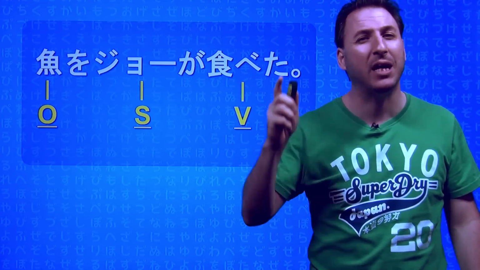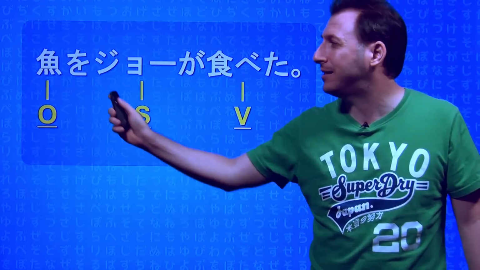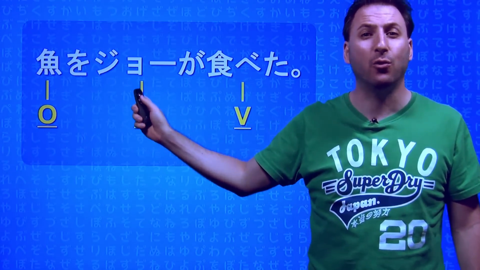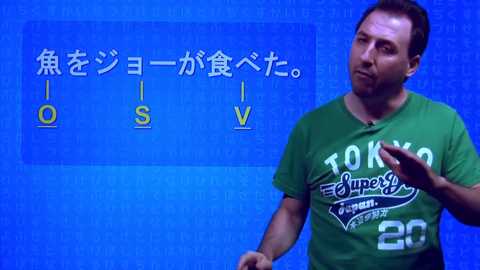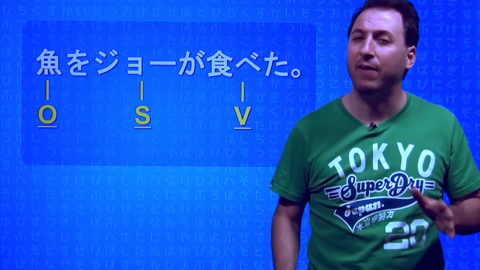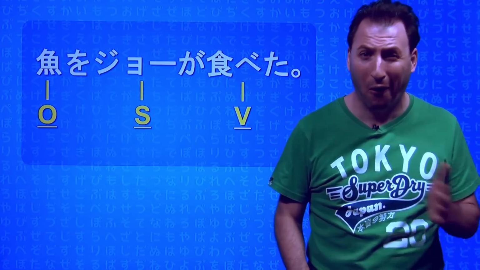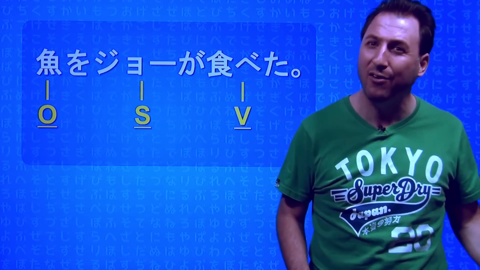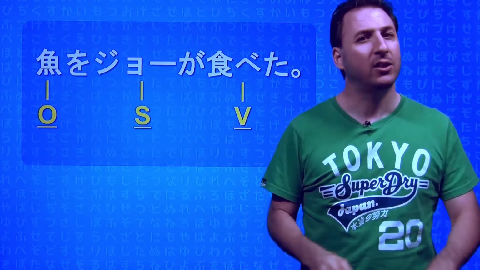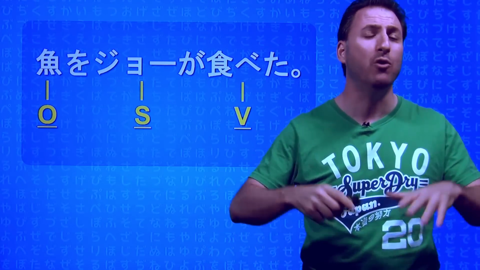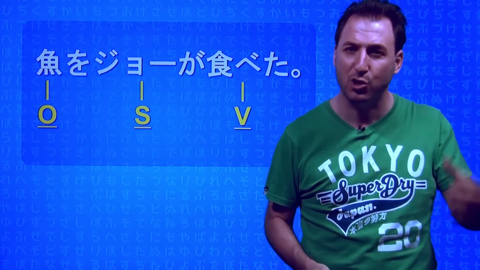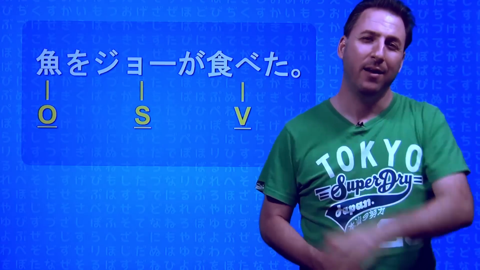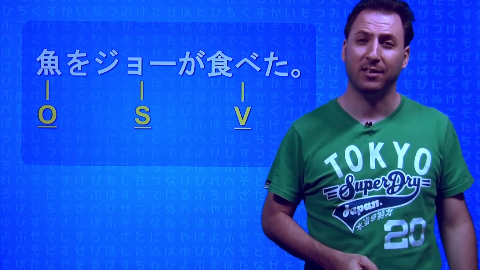Instead of SOV, it becomes OSV, and I can say, sakana o Joe ga tabeta. Now granted, that order is not very natural sounding at all. You typically are gonna do SOV in Japanese, but you can do OSV. Just like in any Japanese sentence, you can move things around as long as you keep the associated particle with it. And that is objects and subjects.